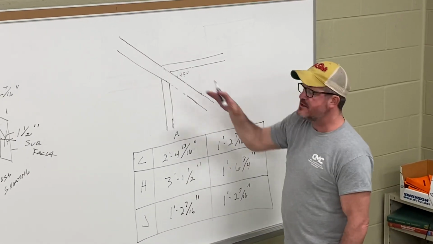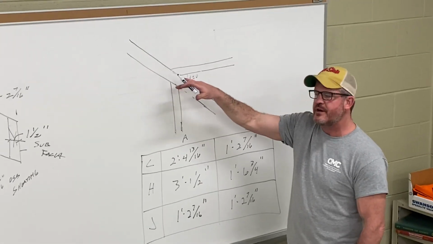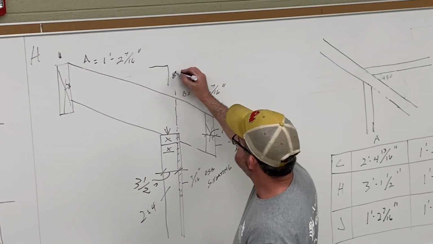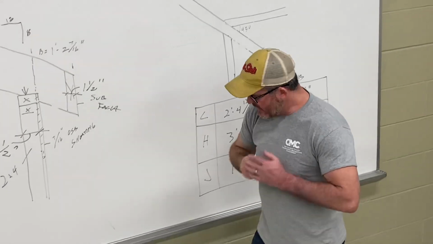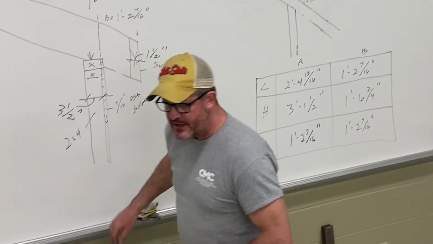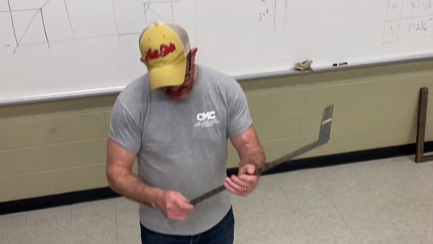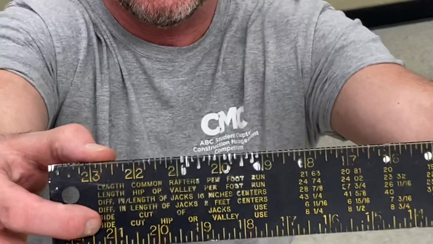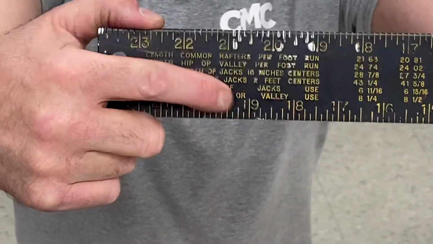Okay, but again, I see what? Okay, if I were level, that angle would be 45 degrees. But again, I'm not level. I have a defined slope of 8/12. Okay, so how do I know what that adjusted angle is for my 45-degree angle cut? Well, again, I go back to my framing square and I look at the second to the last line, and that one says side cut for jack use.